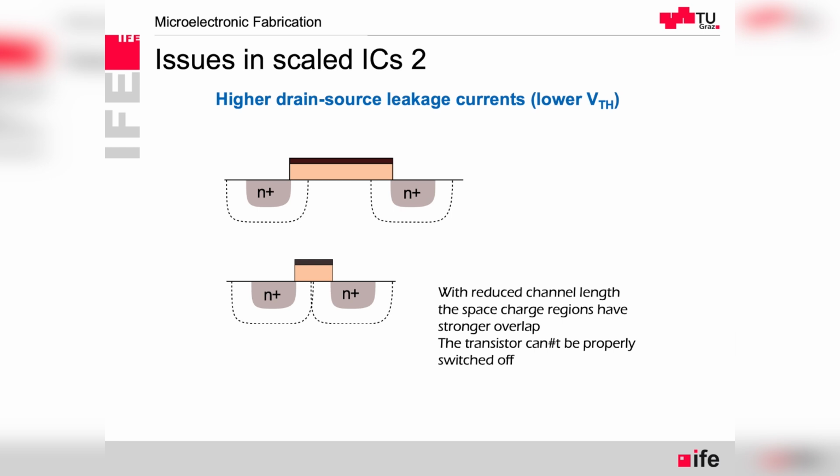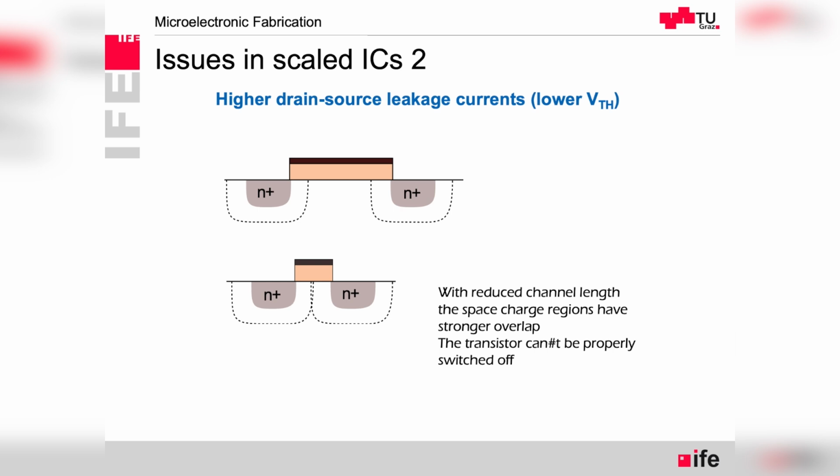Normally we should have the PN junction between substrate and drain and between substrate and source, and we should see the depletion region with the P-type region not depleted. But as the channel length gets shorter, those depletion regions get closer together. So even if we don't short the N plus regions with each other, this depleted region comes close and at some point overlaps.